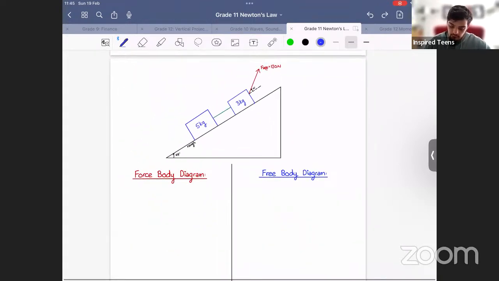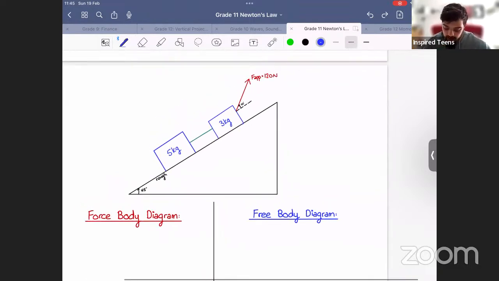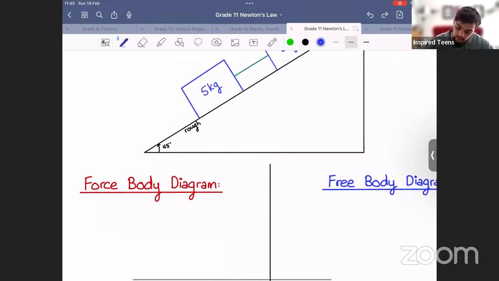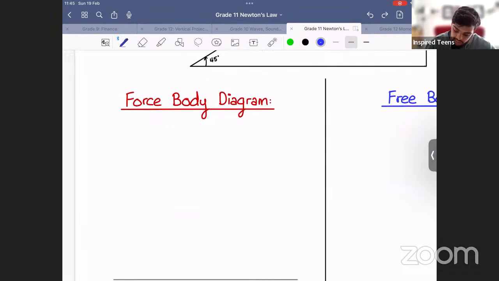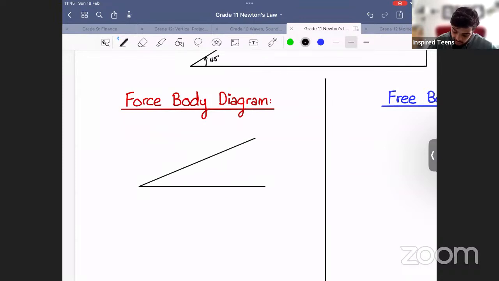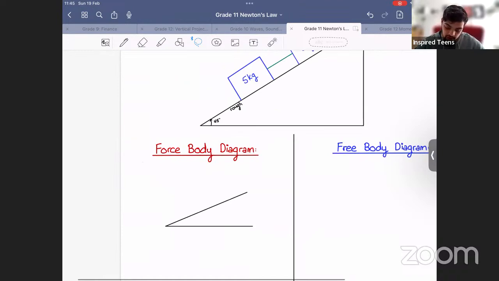Let's move on to learning our free body diagrams and force body diagrams. So now we have a bit of a more complicated question. We're going to draw the force body diagram and the free body diagram for each box respectively. Firstly, we're going to draw this force body diagram.